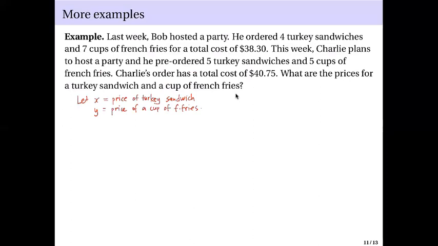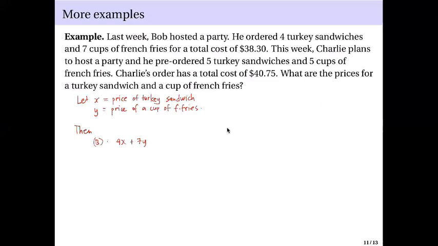Then for Bob, let me write this as B. For Bob, he had 4x, 4 times the price for the turkey sandwiches, so 4 turkey sandwiches plus 7 cups of French fries, so 7y.